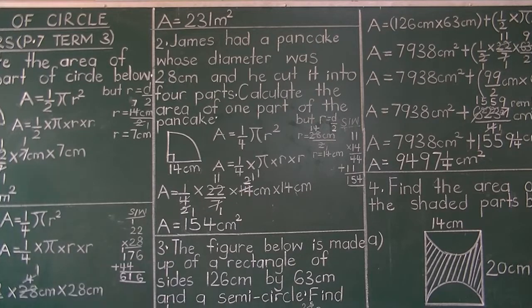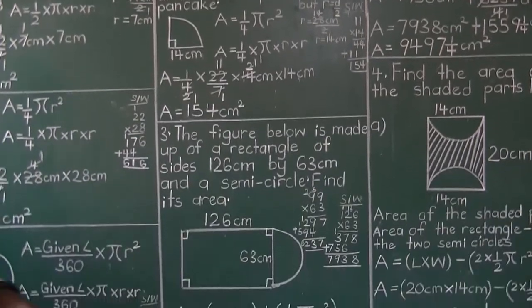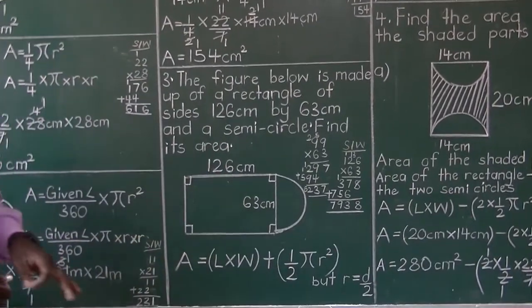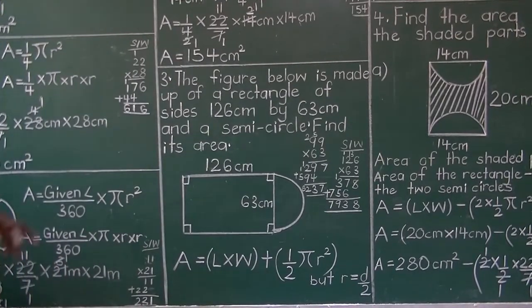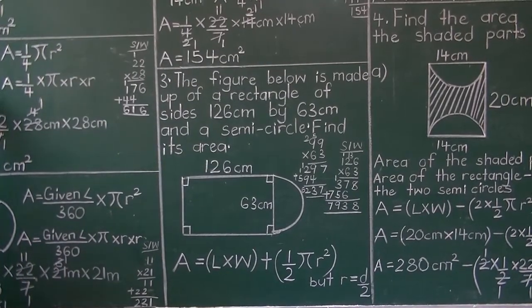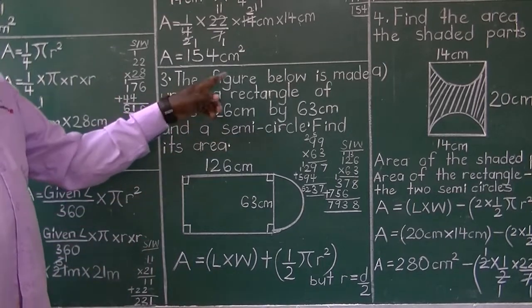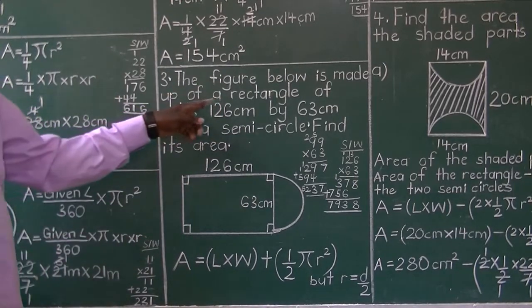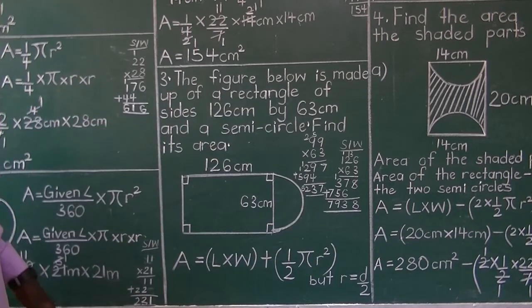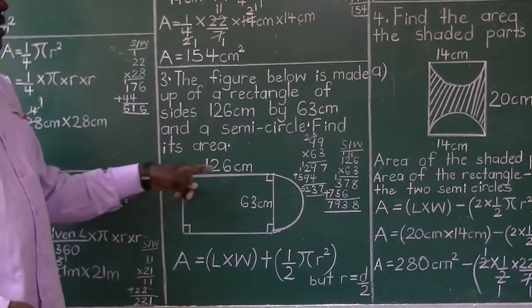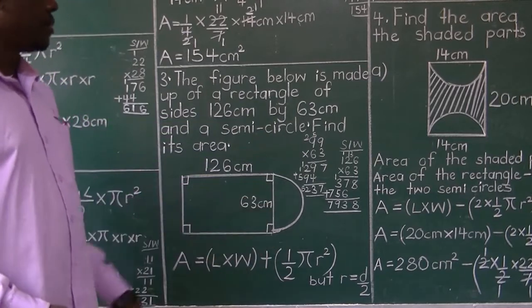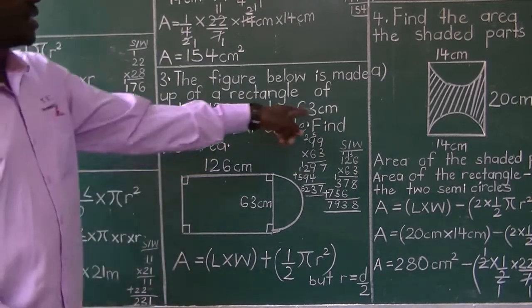Number 3 is bringing words, describing a particular figure where you will find one of the circle sectors, either a circle, a semicircle, or a quadrant. The figure below is made up of a rectangle of size 126 centimeters by 63 centimeters, meaning this is length, this is width.